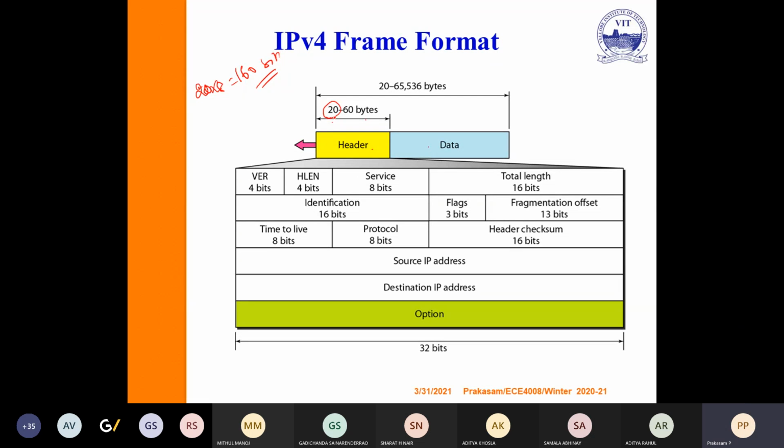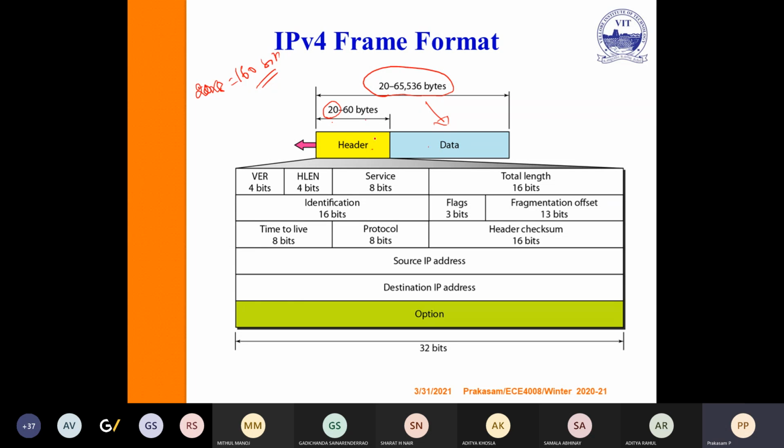Overall the IPv4 format will vary from 20 to 65,536 bytes. For example, if the header length is 20 bytes, the remaining 65,516 will be allocated for the data. Again, it is variable, depending upon the header length and the data length.